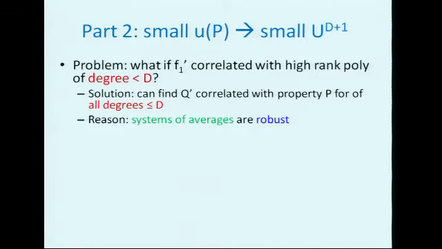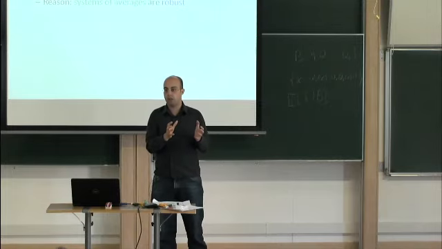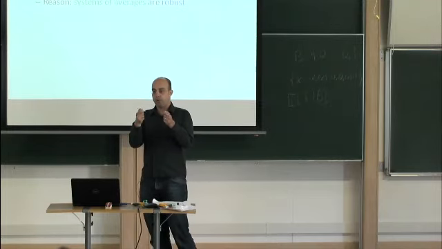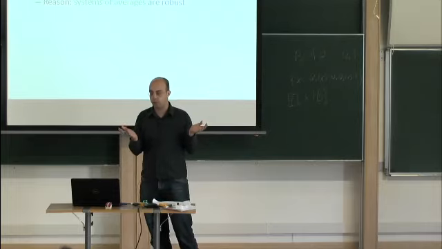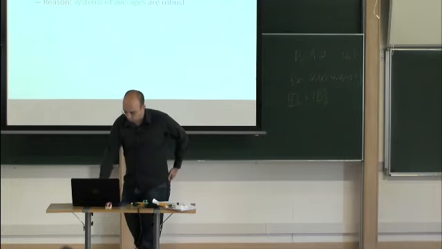If you can find one high rank polynomial of degree D which is correlated with the property, you can push it down to get polynomials of lower degrees which are still high rank. That may be problematic because there is no easy way of taking a high rank polynomial of degree D and making it a high rank polynomial of lower degree. The only way is if the number of variables is small, constant, because then it's actually a function of linear functions. So that's what we need here.